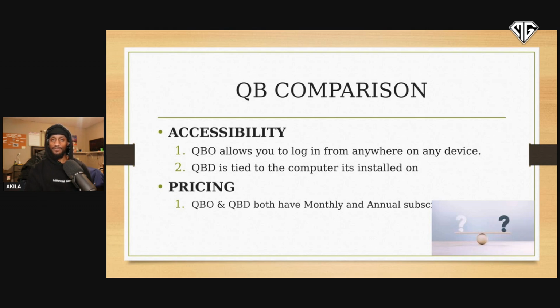It allows you to have multiple users work simultaneously. And then you also have automatic updates, with new features that are rolled out regularly. So that's kind of the good part with the accessibility of QuickBooks Online.